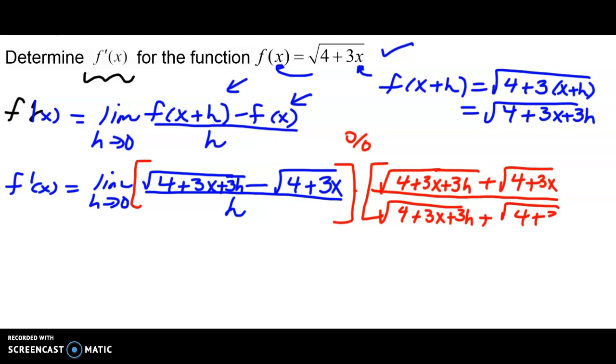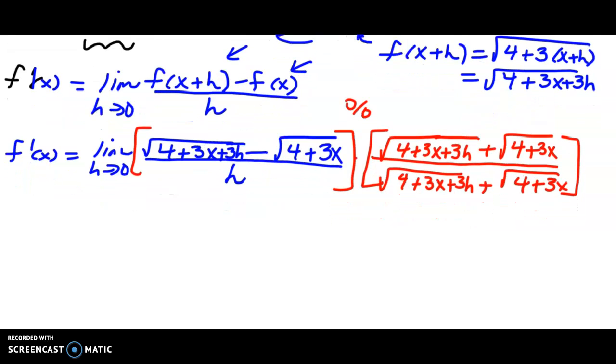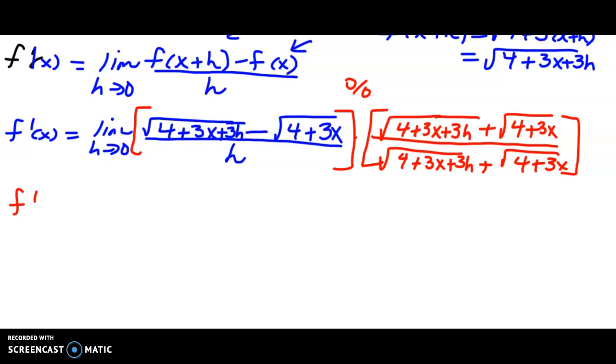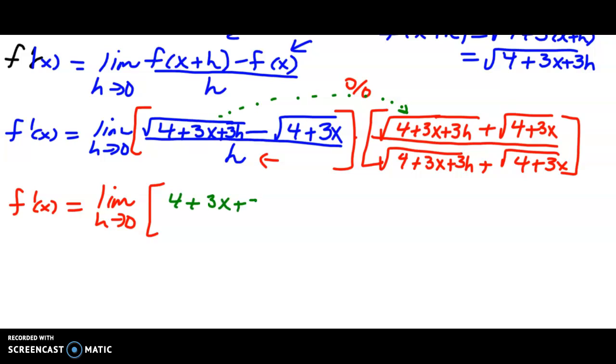And then I'm going to actually multiply out the conjugate pieces in the numerator, and I'm going to leave the denominator alone. I don't want to multiply anything out in the denominator because I want to see if this h will cancel. So the square root of 4 plus 3x plus 3h times itself, the radical will go away, and I'm just left with the trinomial.